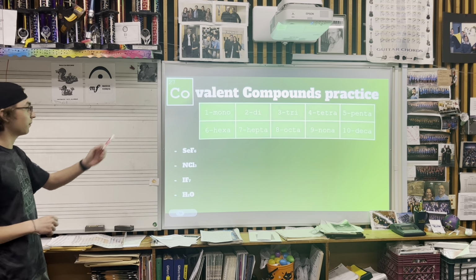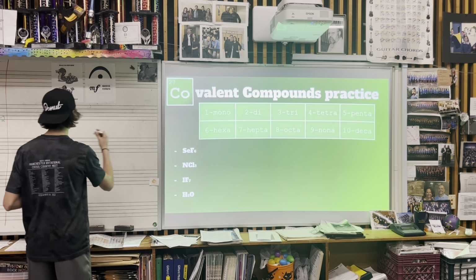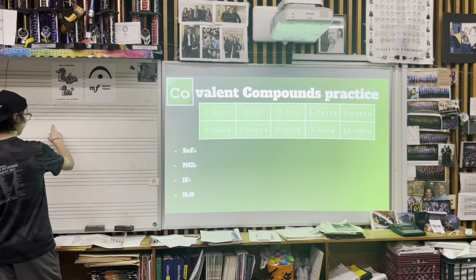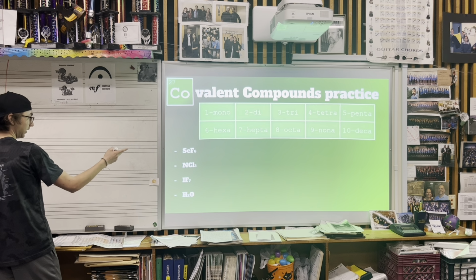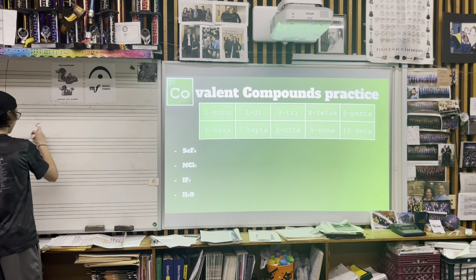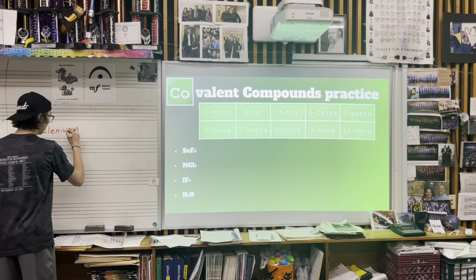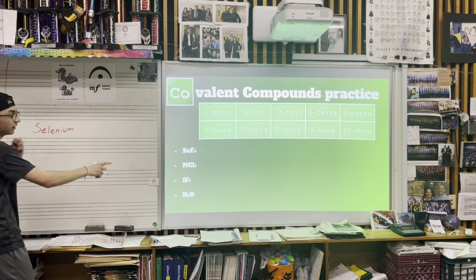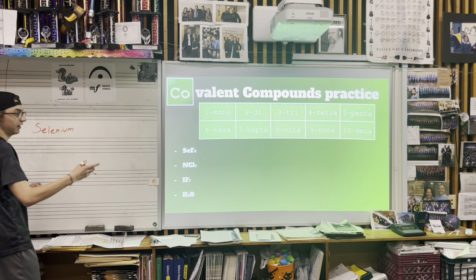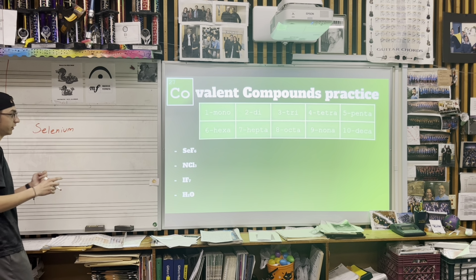So this is some practice right here. So we have SeF6, which is selenium fluorine 6. Now you'll note the Se does only have one of itself, but like I said earlier, because it's the first one listed, we don't put mono in front of it.